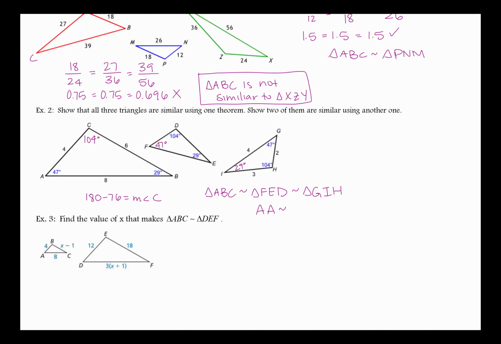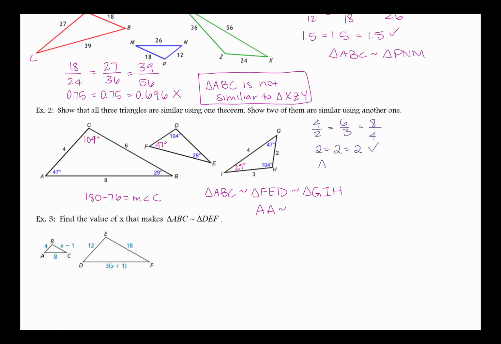Now I need to look at showing two are similar using another theorem. Well, this one doesn't have any information about side lengths, but this one and this one do. So I'm going to have to prove that triangle ABC and triangle GHI, in some order, are in fact similar. If I compare 4 to 2 and 6 to 3 and 8 to 4, I get all 2's.